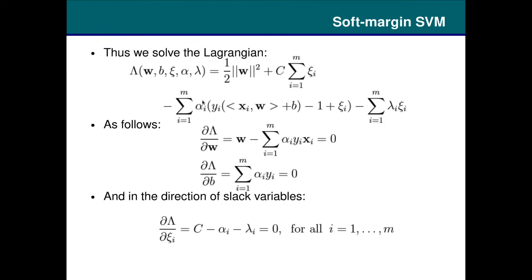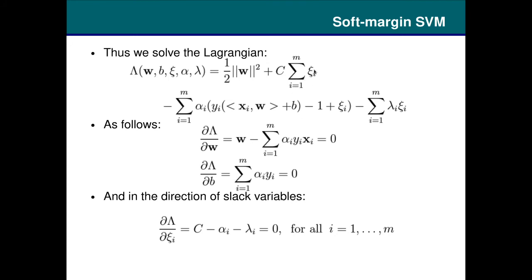Now I can solve my Lagrangian. How can I solve? I can differentiate and perform substitution to find my dual problem from my primal that is here. So differentiating in terms of W, I have the same as for the hard margin. Take a look. Differentiating in terms of B, I have the same as for my hard margin problem. When I differentiate in terms of psi i, something different is obtained. Take a look.